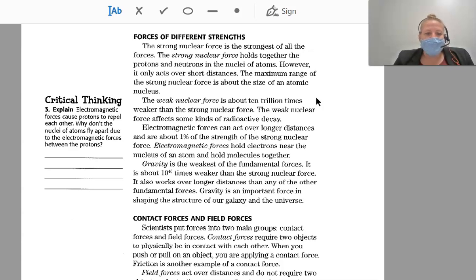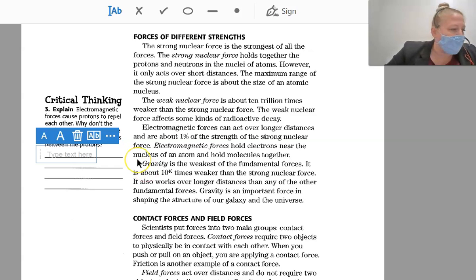Okay, electromagnetic forces cause protons to repel each other. Why don't the nuclei of atoms fly apart due to the electromagnetic forces between the protons? Okay, so let's do this.